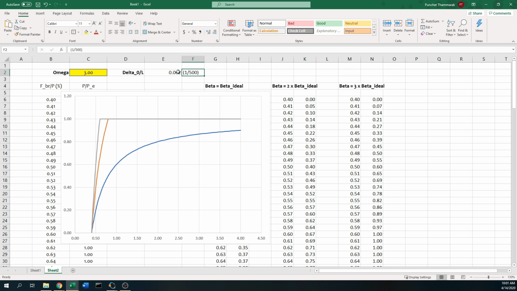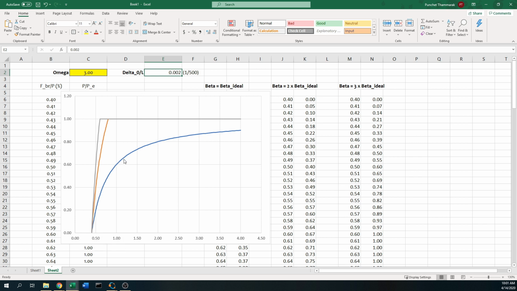So if you change from 0.002, this point is going to be moving, but the omega value will not be changing or moving this value here. Okay, it is affected by this delta.